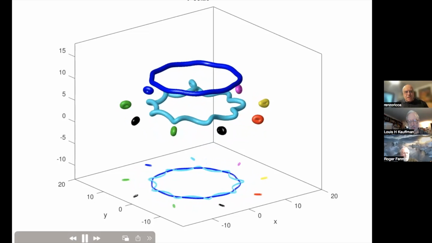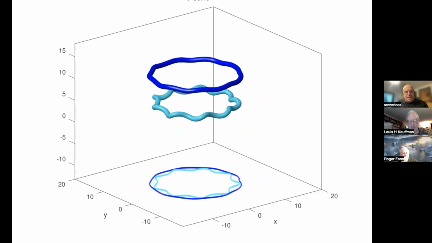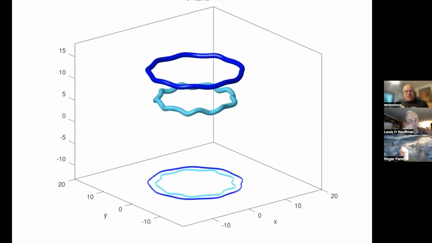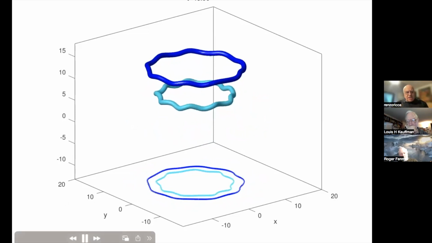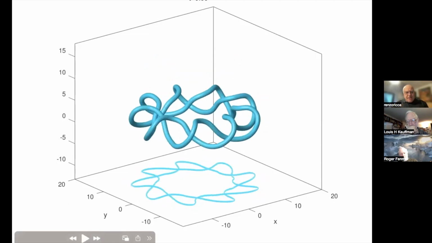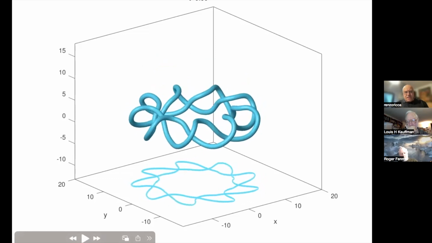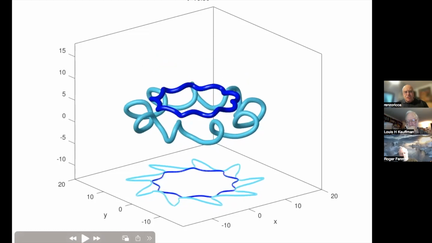So this is what I call the cascade process. Of course, the loops disappear. Imagine, of course, they don't disappear physically. Imagine that these little loops escape from your box. So let me run it again, being close to the reconnection. You see here, because of the symmetry of the system, you have instantaneous reconnection at all points, and the formation of this wiggled loop.